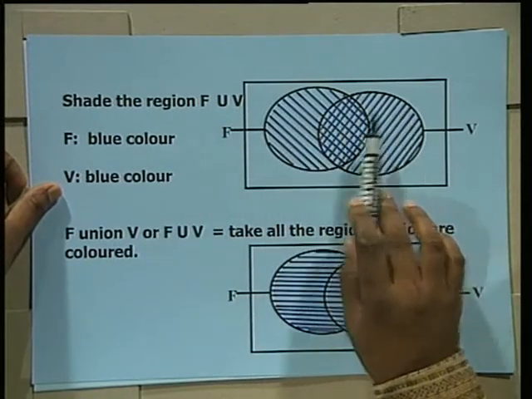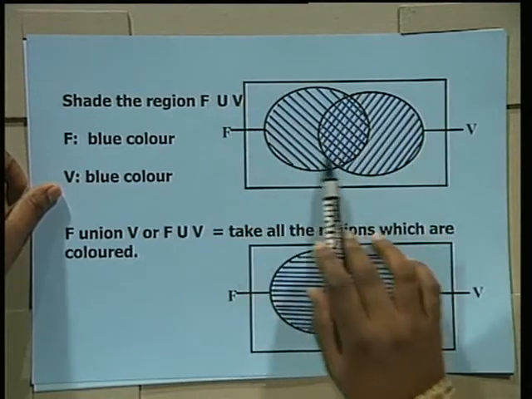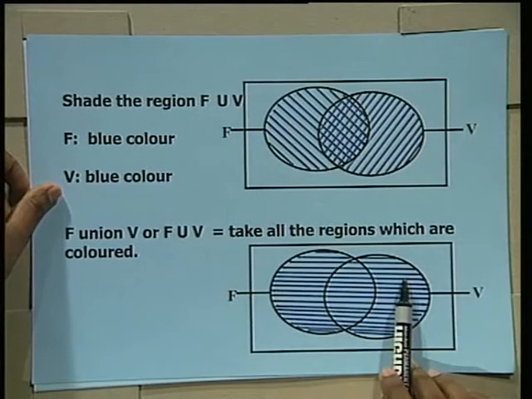All the colored region will form part of F union V. So we'll take all the regions. For clarity, we have redrawn it. So remember, for intersection, you are going to use two different colors and take the region which is common. That is the region where both colors are present, or the cross-hatch region. Whereas for union, you're going to shade in one color only and take all the regions.